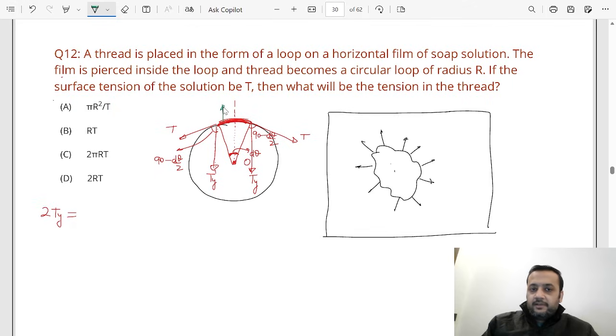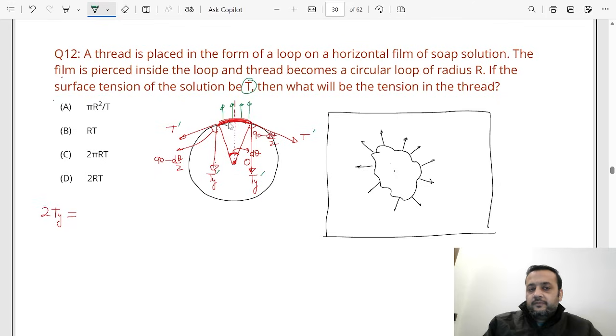Here they are calling surface tension T, so let me change the variable of the given tension to T dash. So this will be T dash y, where T dash is the tension developed in the thread.